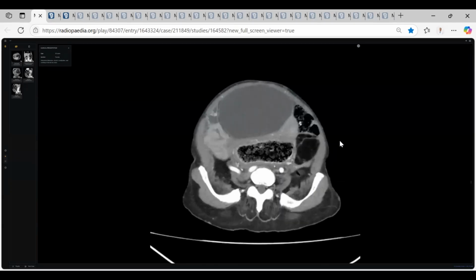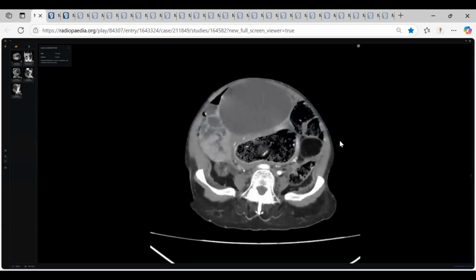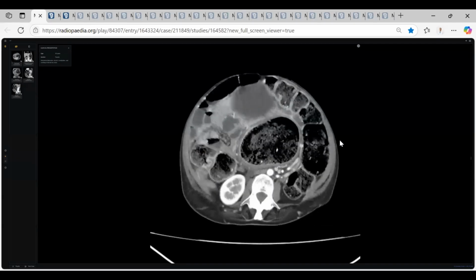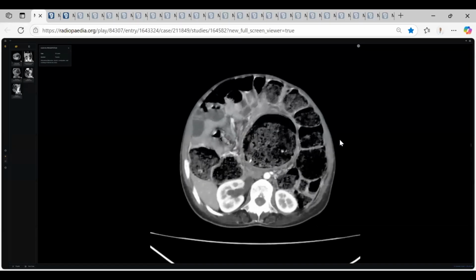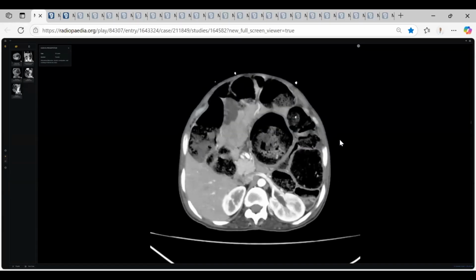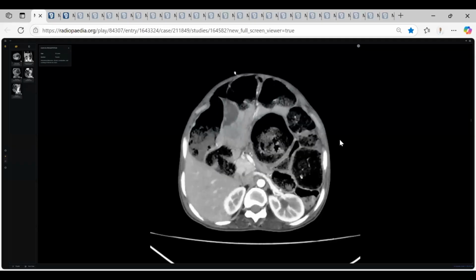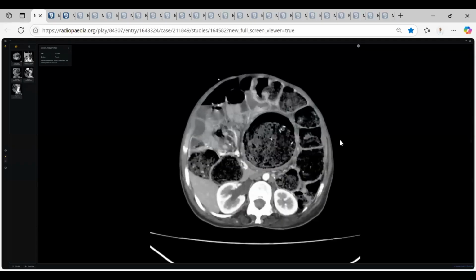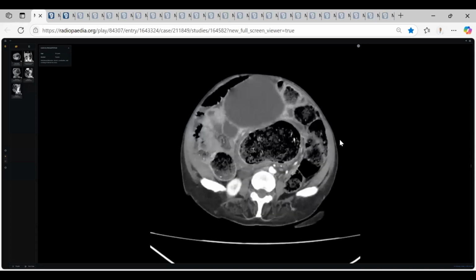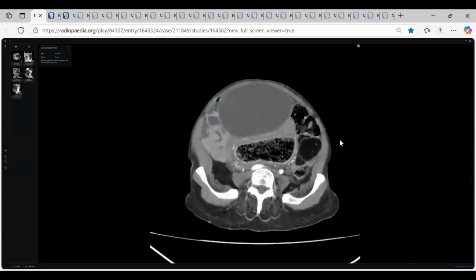I'm tracing the bowel loops. I can see that the large bowel is distended till the end at the rectum.